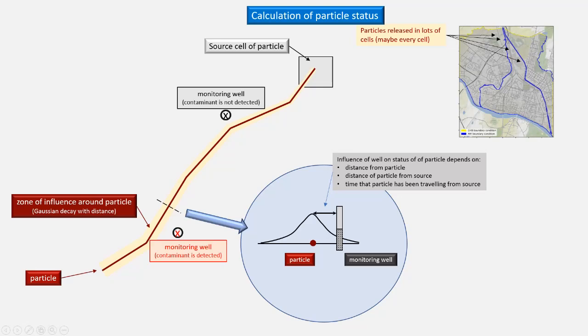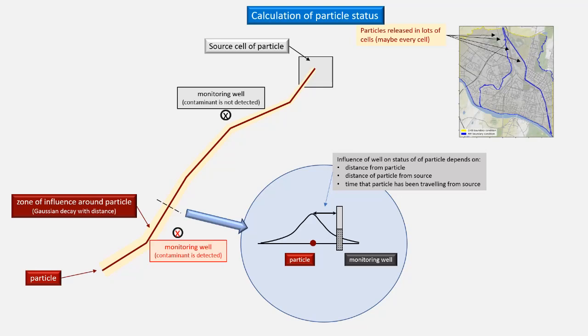So it's a continuous function. Our particle track, and hence our particle's status, is a continuous function of proximity to a well and hence to the parameters of a groundwater model. Hence we can use it in calibration of that model.